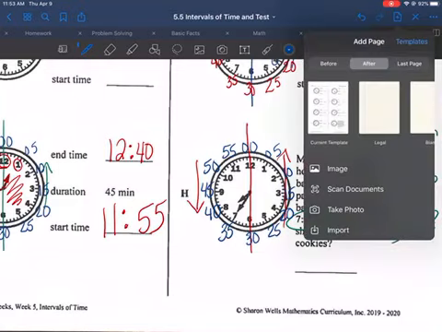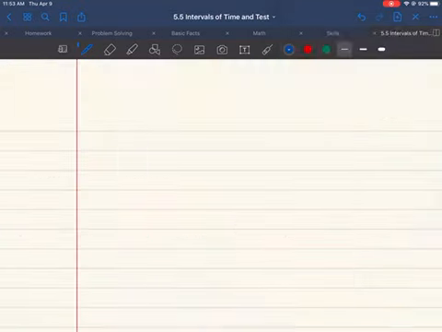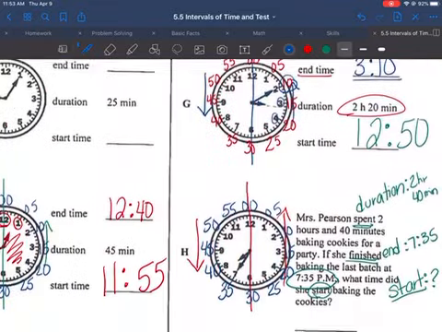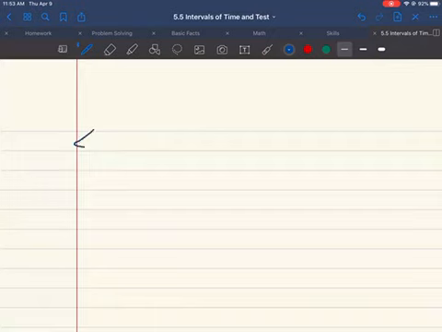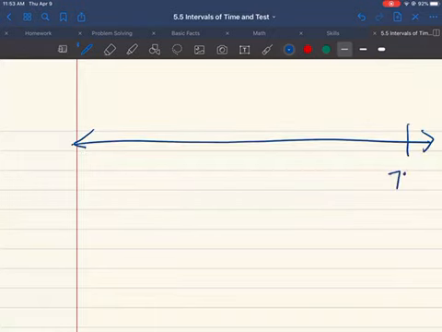So I'm going to get another sheet of paper. And remember that our start time, we do not know, but we do know that the end was at 7:35. And actually, if you notice, they already gave us the end time, so we don't even have to look at the clock. So I'm going to go ahead and do my end time was 7:35.